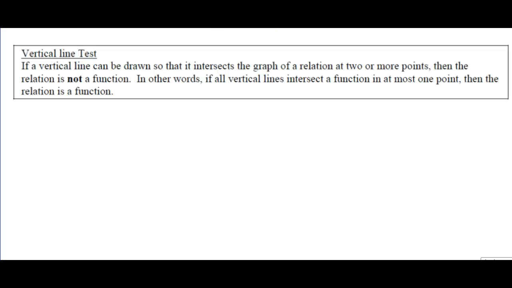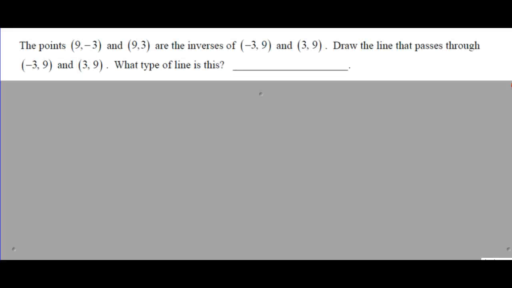If a vertical line can be drawn so that it intersects the graph of a relation at two or more points, then the relation is not a function. In other words, if all vertical lines intersect a function at most one point, then the relation is a function. Right? So your question is simply this: given that graph, can I draw a vertical line somewhere that's going to intersect at 2 points? And if the answer is yes, then not a function.